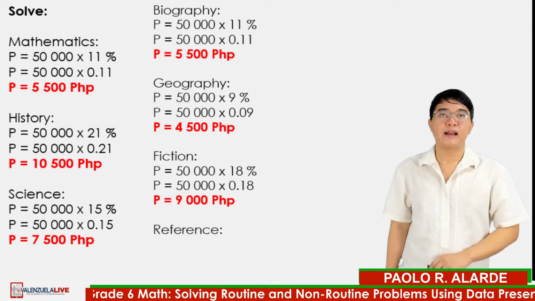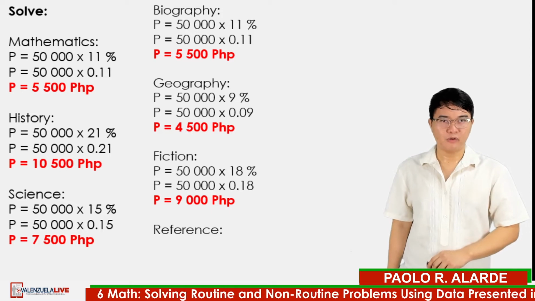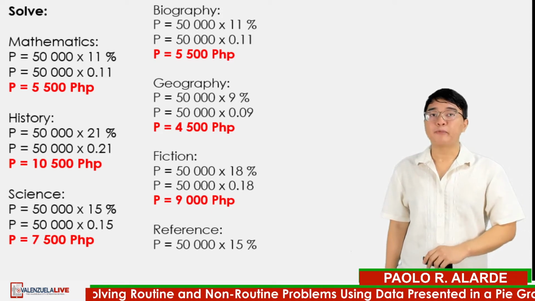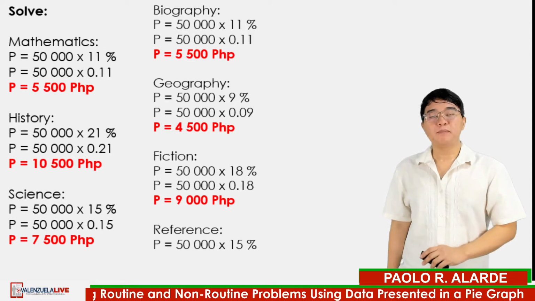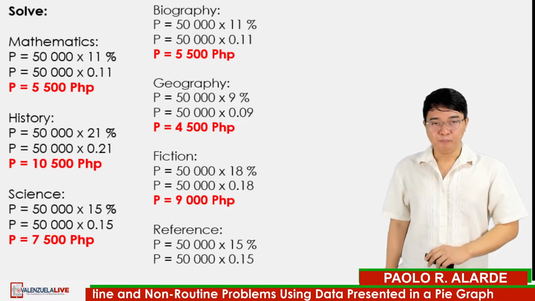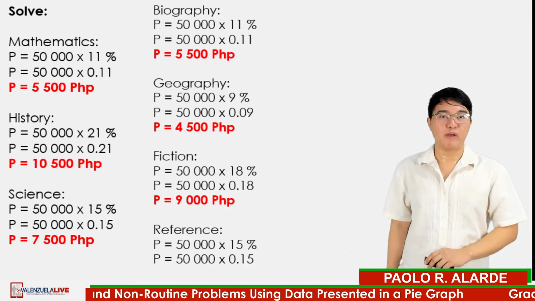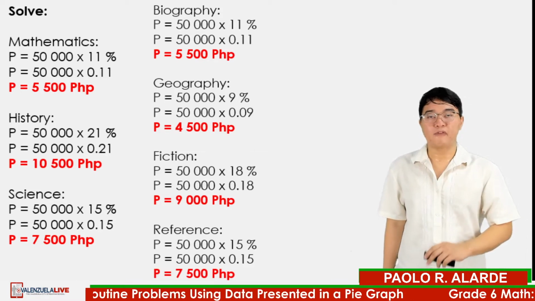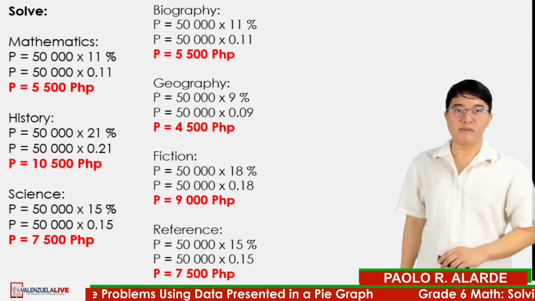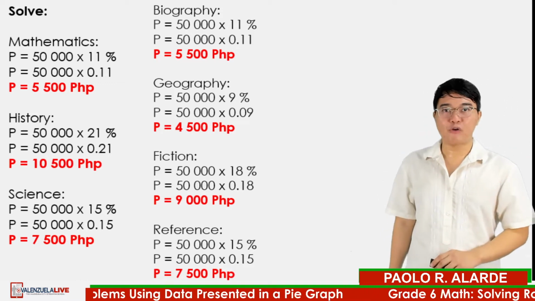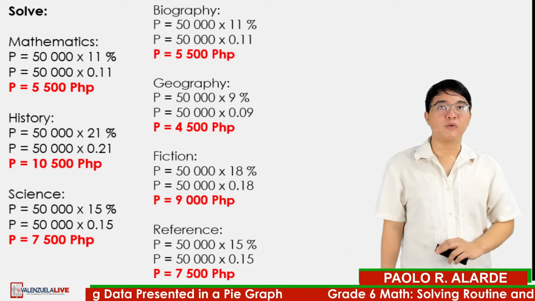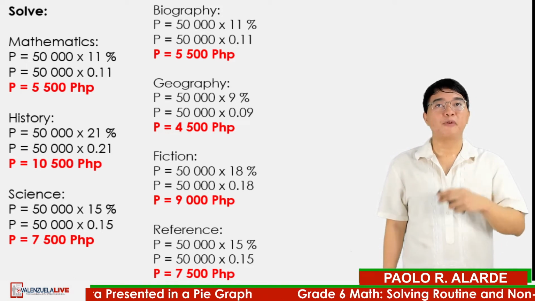And for the last, reference books, the number sentence is 50,000 times 15%, and 15% in decimal form is 15 hundredths. And when we multiply it, it'll give us a product of 7,500. So 7,500 is the amount that should be spent for the reference books. So here are our answers.